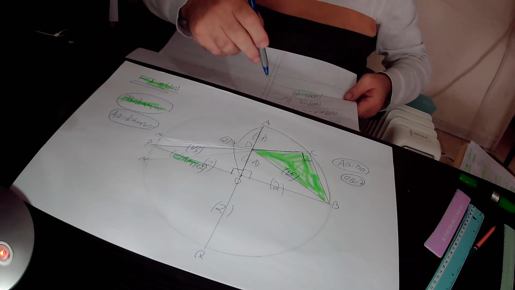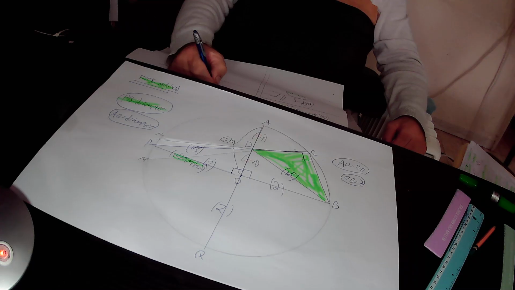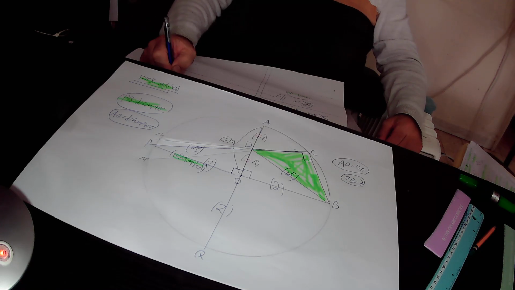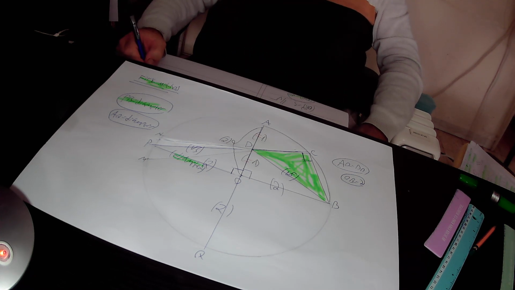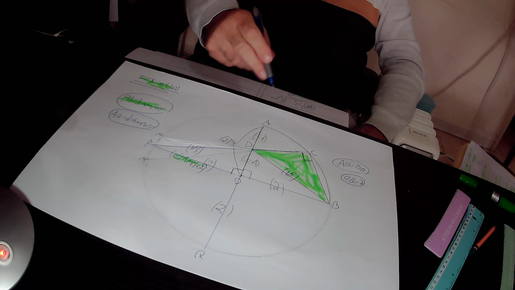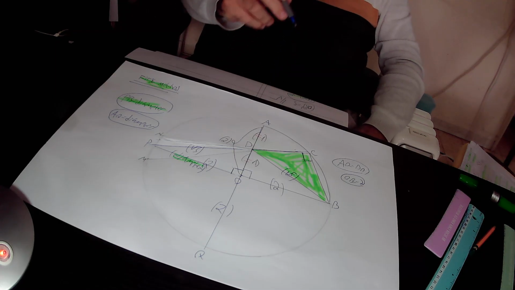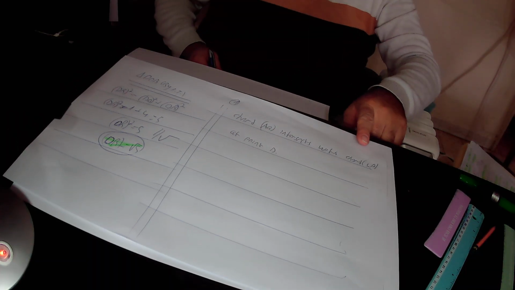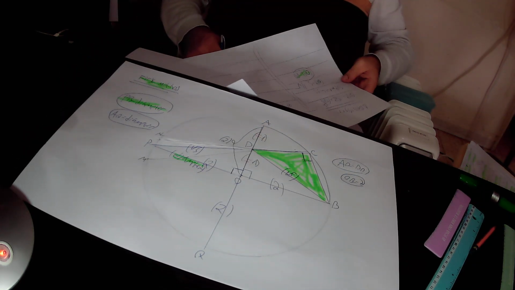So now you found out that chord AQ intersects with chord CP at point D. The intersection point occurs at point D. And again, in the original drawing, AQ intersects CP at point D. So all the requirements of Rule 24 are satisfied, and therefore we can implement here Rule 24.